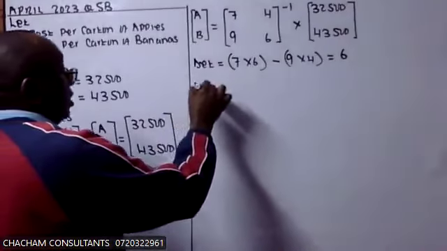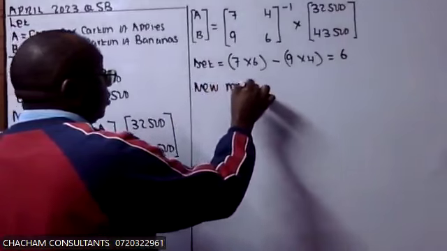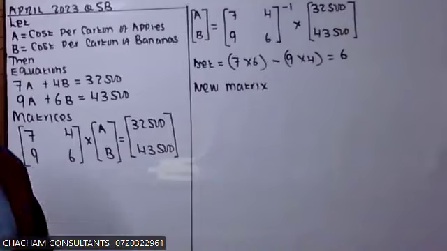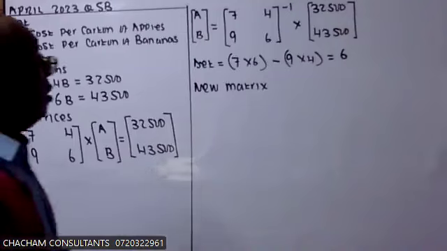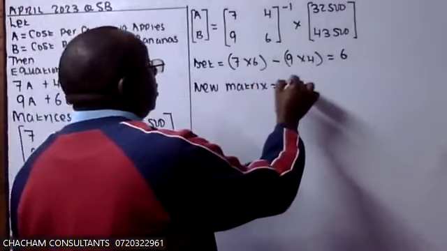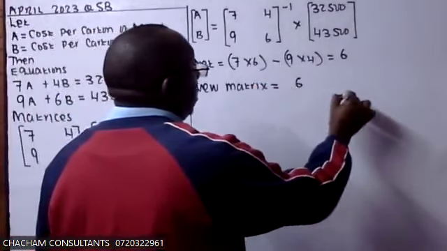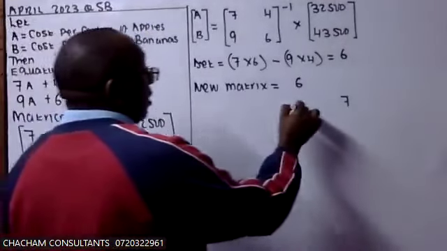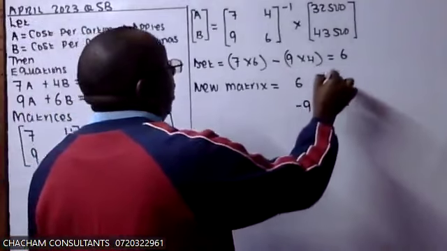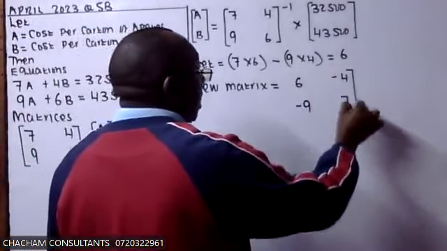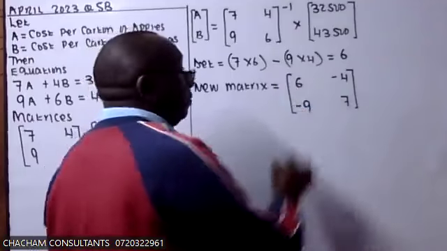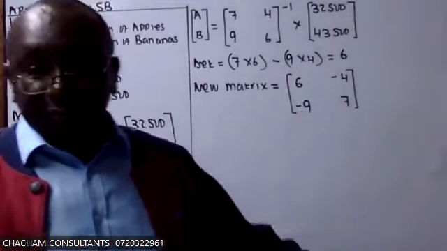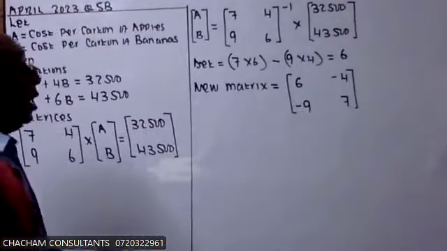Then you create new matrix. New matrix is 6 here and 7. Then this is minus 9 and this is minus 4. You change the signs. Now that they were positive, you make them negative. If they were negative, you'd have made them positive.